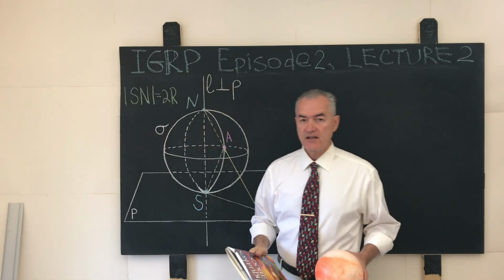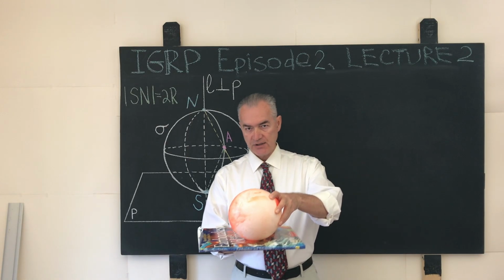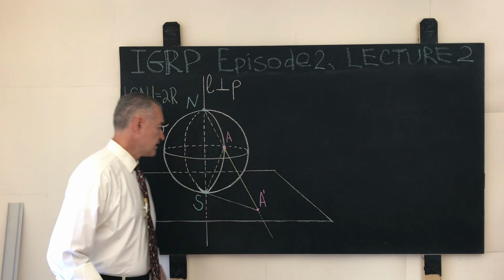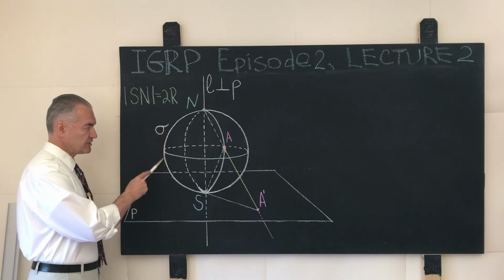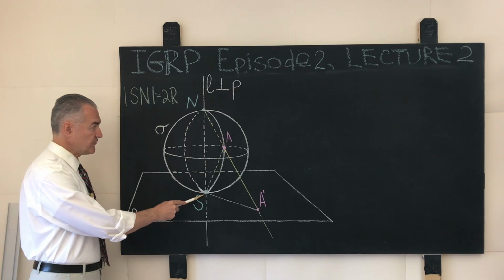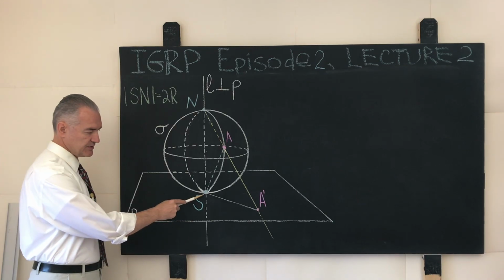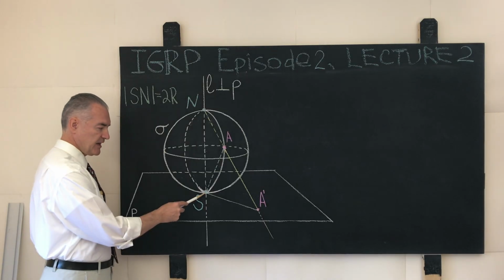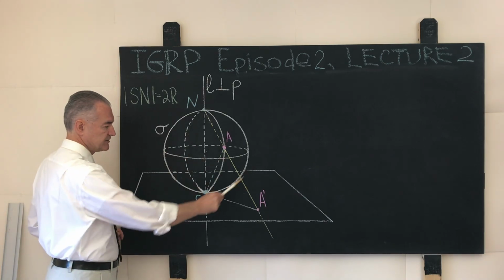Moreover, the fact that our ball rests on a table is modeled in our mathematical experiment by the fact that the plane P is tangent to the sphere sigma at a point S, and conversely, the sphere sigma is tangent to the plane P also at one and the same point S, and we will agree to refer to the point S as the south pole of the sphere sigma.